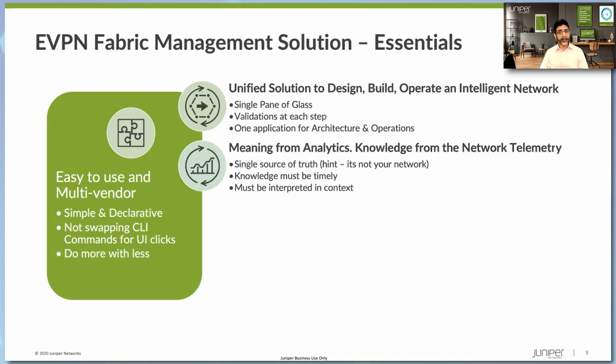The next, you want to be able to know what's going on in the network. I mean, that's the only way you will be able to figure out what's going on. So what you need is to collect the right set of information, analyze it, and then present it in a way that's useful for the end user. And the thing is, it needs to be on time.